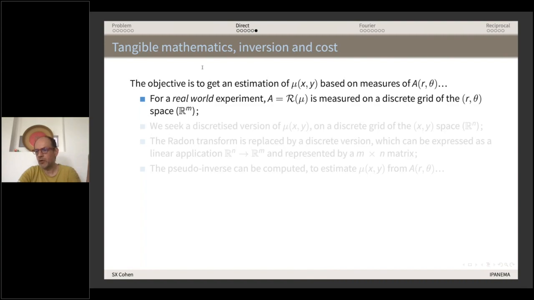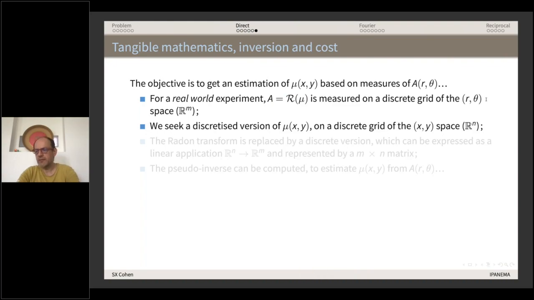And I'm in the real world. So I'm not even measuring the Radon transform of mu, but a discrete version of it, discretized on a grid parameterized by r and theta.